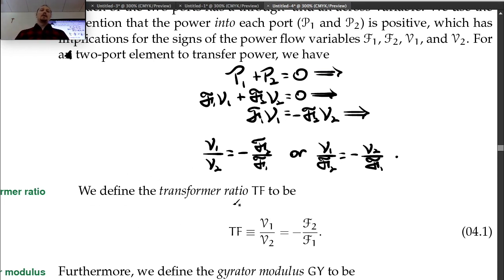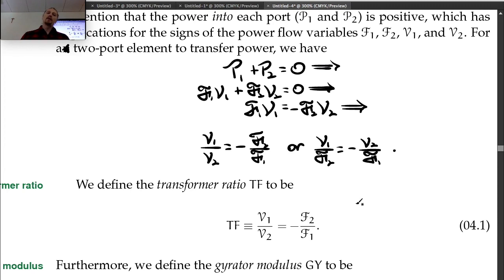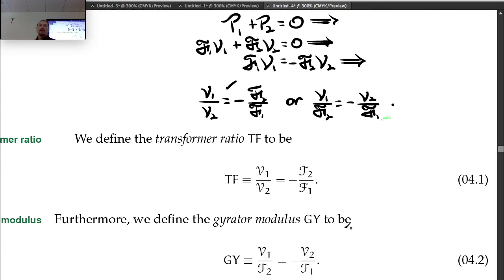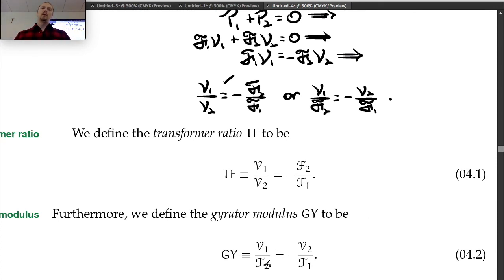The reason that we wrote these is we're going to define these ratios. We define the transformer ratio to be V1 over V2, which according to this expression is equal to negative F2 over F1. Furthermore, we define the gyrator modulus, GY, to be V1 over F2, which is negative V2 over F1.